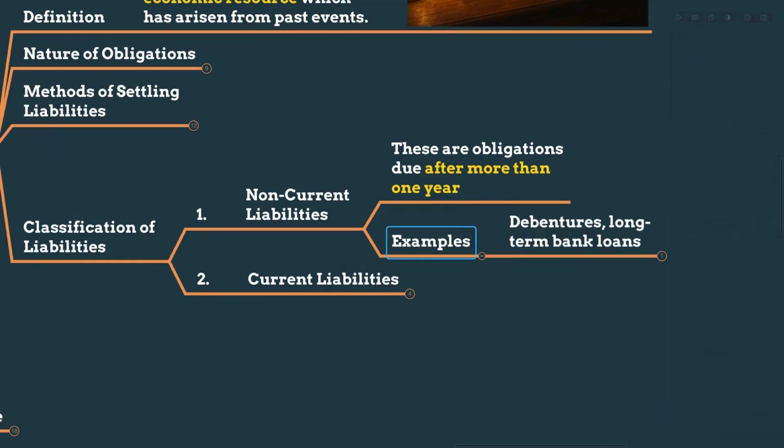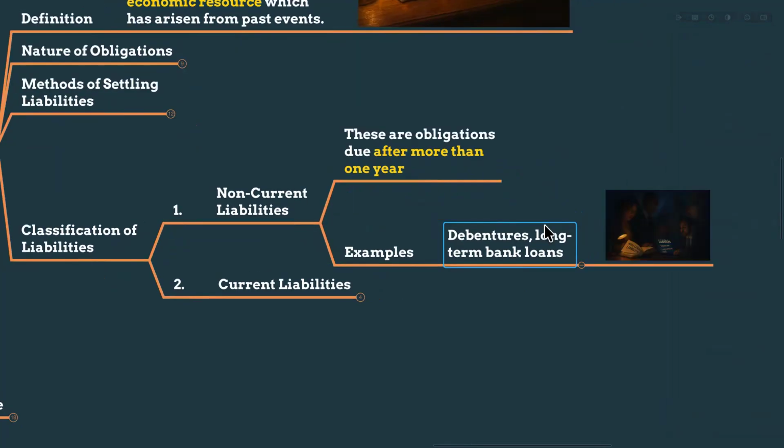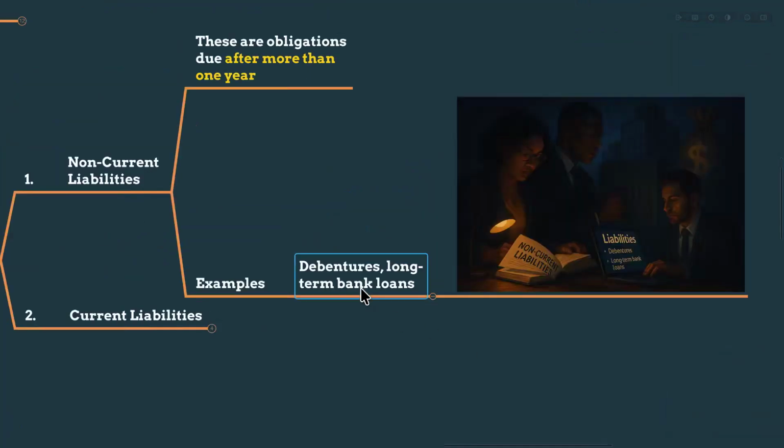That's the meaning of non-current liabilities. It means usually the debentures and the long-term bank loans you are getting, everything falls under the non-current liabilities, right? Let's say you have taken a 2 million bank loan from People's Bank. It is to be repaid over 5 years. So it's more than 1 year period of time, right? So that is a non-current liability actually.